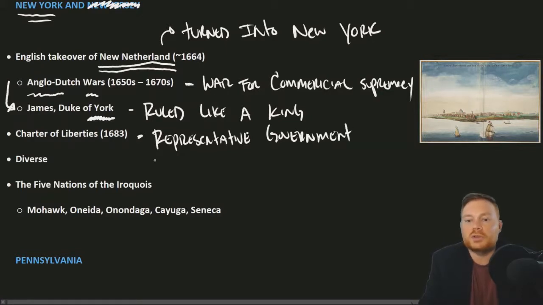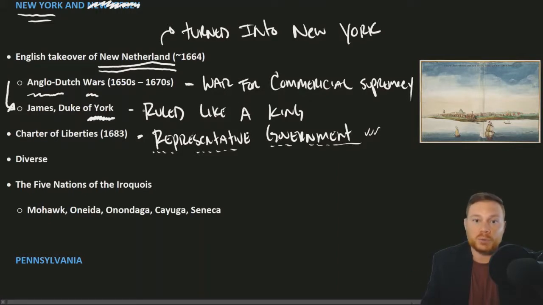And this is going to be one of those themes, again, that eventually will tie pretty much all the English colonies together. Even though they take different routes to the same destination, by the time of the American Revolution, pretty much every single English colony has some sort of representative government. James, the Duke of York, ruling New York like a king was very unpopular. People demanded representative government, and in 1683 that happened.